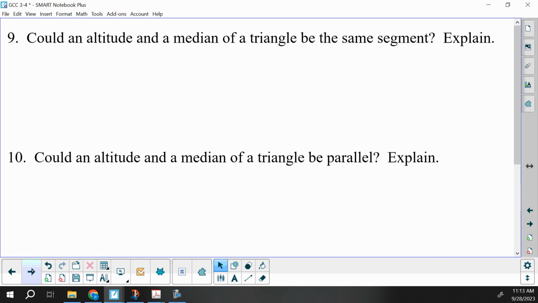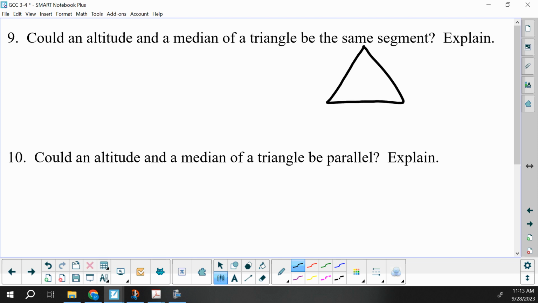For the next one, could the altitude and median be the same? Well, remember we saw in some previous problems that the altitude and the median could both divide the triangle into two congruent triangles. Well, in those cases, they would be the same segment. So here's our equilateral triangle, and here's a random isosceles triangle.